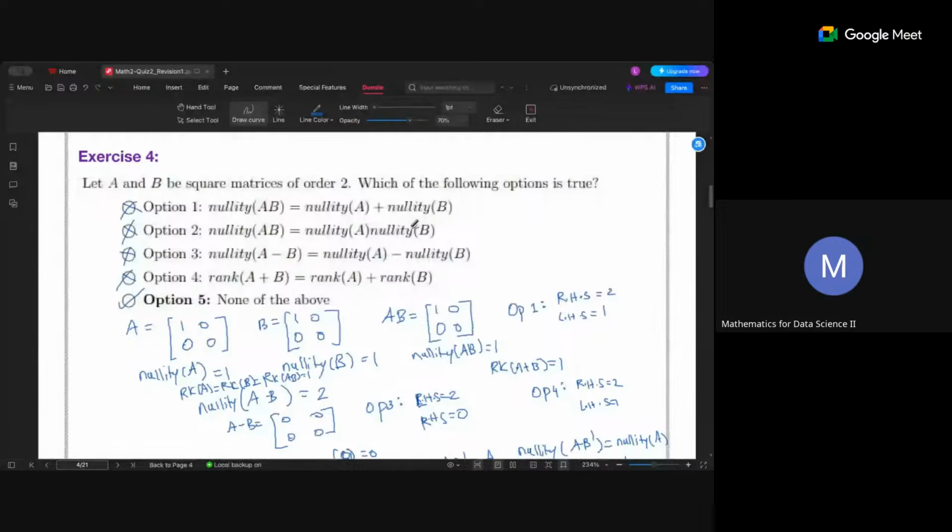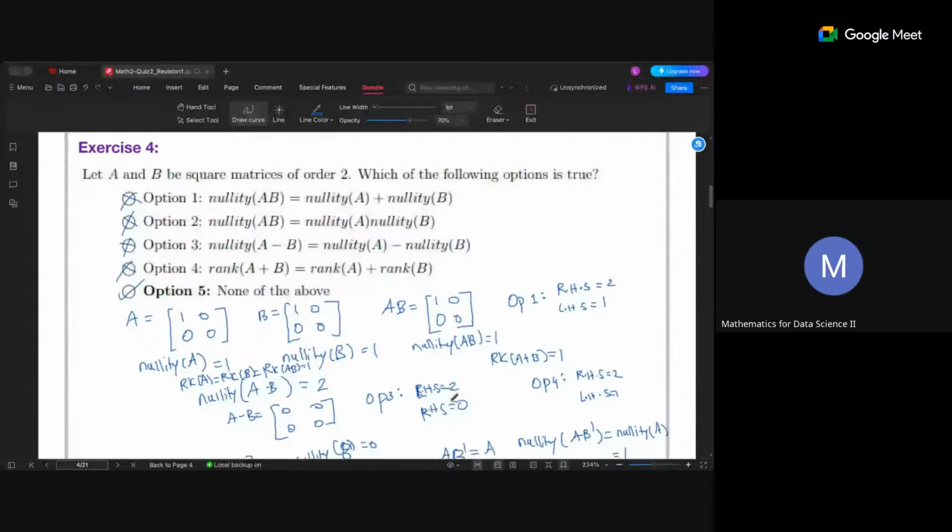Why? It is possible that for some specific A and B it can be the same, right? They are giving a generalized case, A and B are square matrices of order 2, and we checked whether it is true in the general case. We saw that it is not true. So what's your question here?